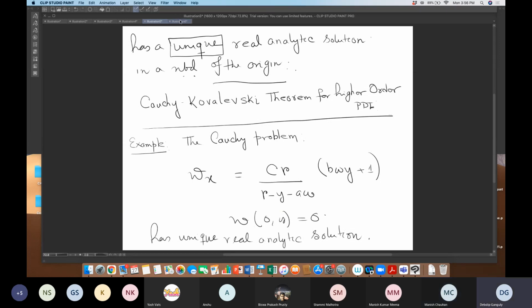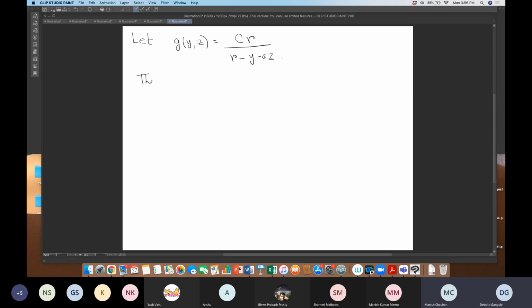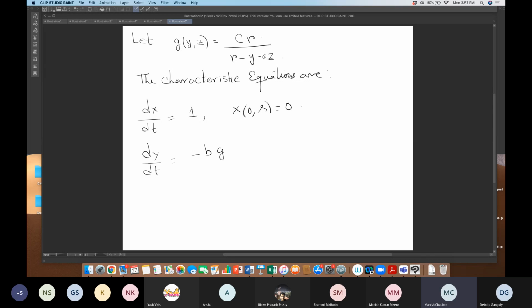So what are the characteristic equations? dx by dt is equal to 1. Exactly. dy by dt is equal to minus b g of y, z. Very good. And dz by dt is equal to g of y, z. Very good.